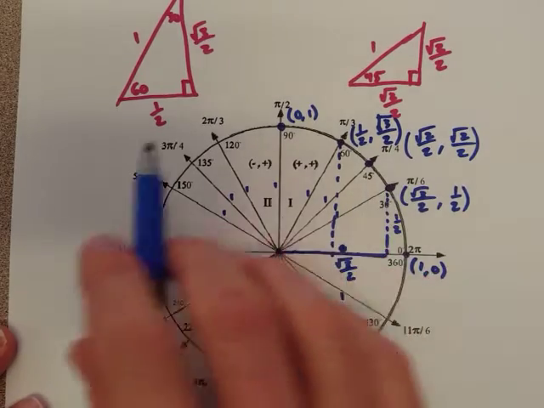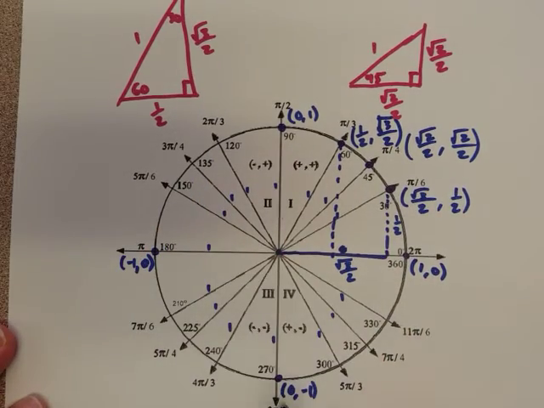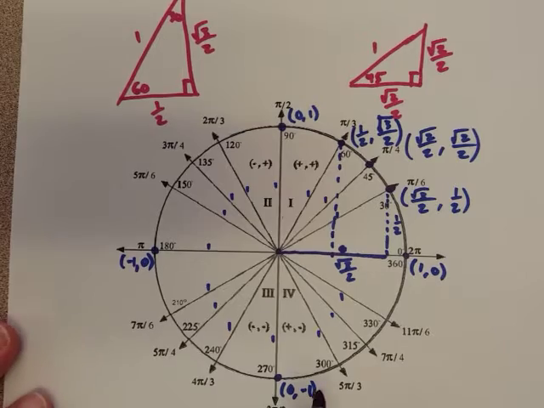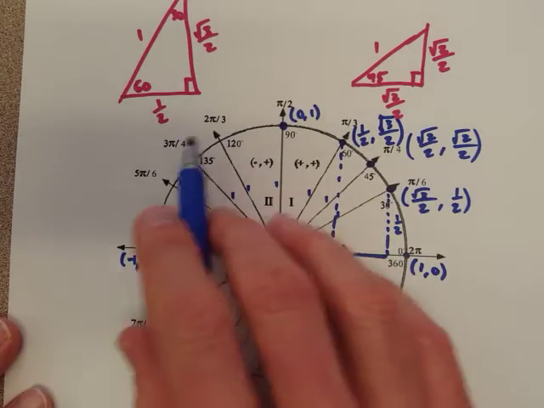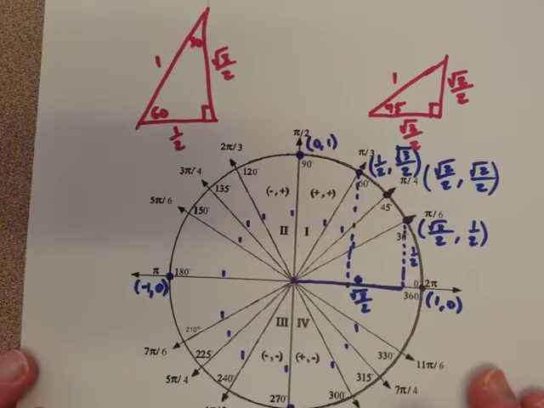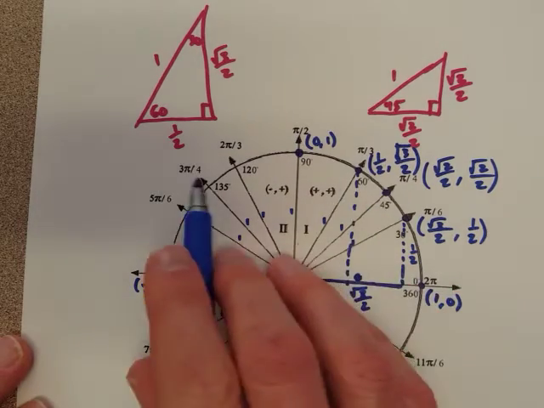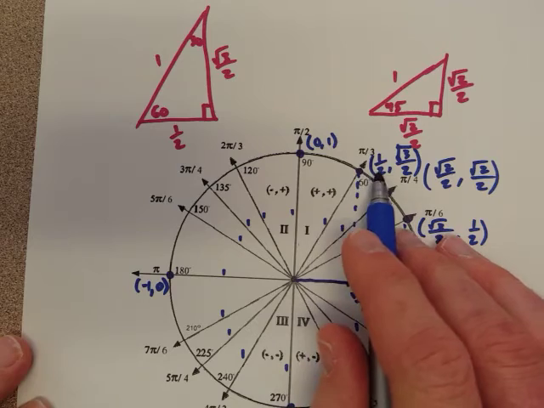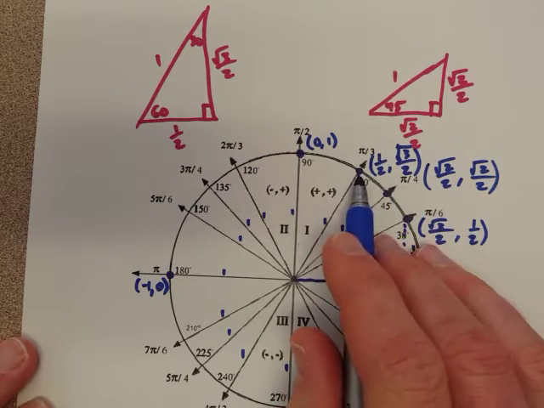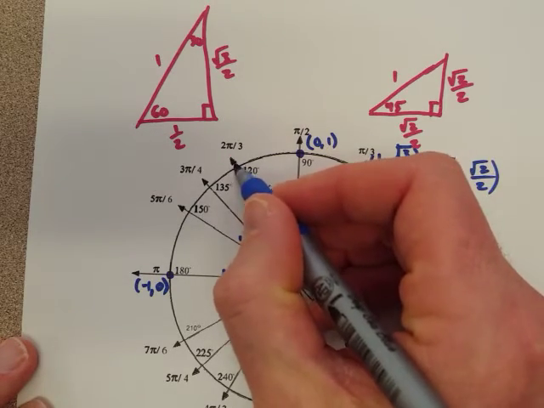Now we're going to have those for each spot in this unit circle, but the nice thing is we don't have to go through and figure them all out again. We don't have to insert those triangles in every single one of them, because now it's basically reflections. For instance, if I take this 1/2, square root of 3 over 2, and reflect it over, I get this point right here.